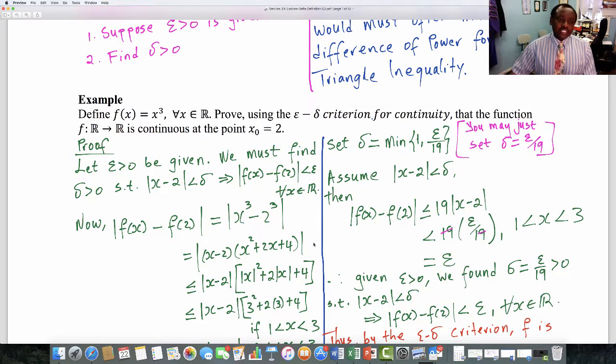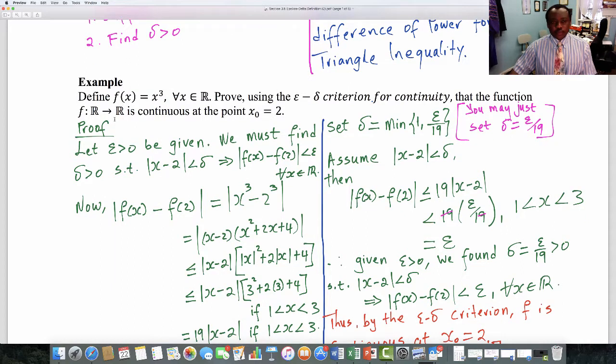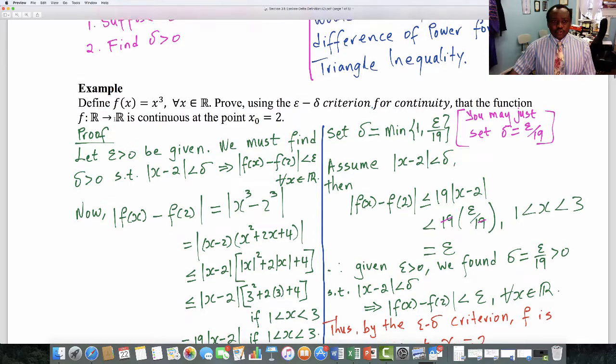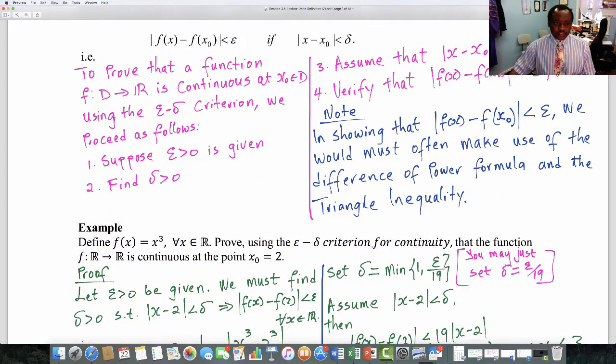Example. Define the function f from the set of real numbers to the set of real numbers as f of x equals x cubed for every x in R. Prove using the Epsilon-Delta Criterion for continuity that our function f is continuous at the point x0 equals 2. Proof. We're going to use the proof strategy that we outlined up here.